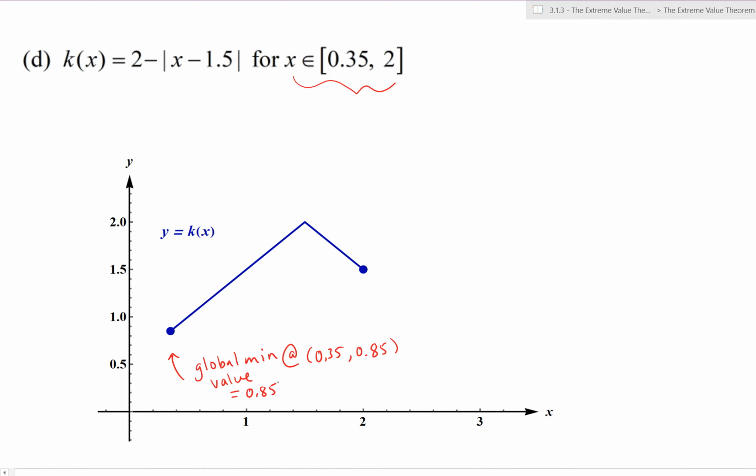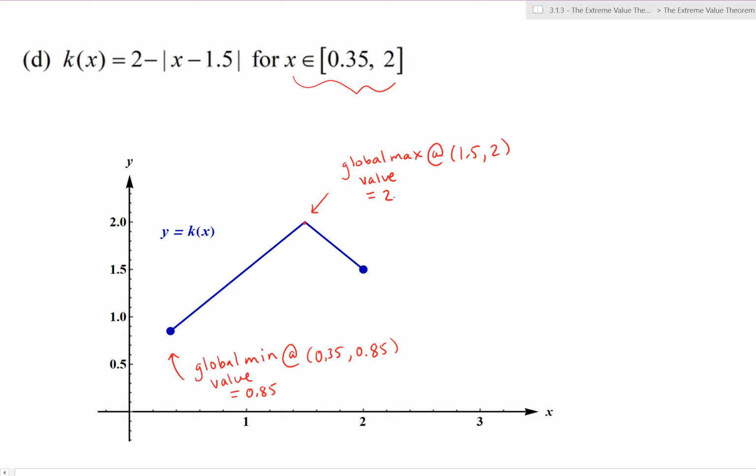The highest the function gets over the interval is right there at that point. That's our global max location. Notice that is when x is equal to 1.5, and 1.5 inputted into the function k gives an output of 2. So the global max value here is equal to 2.